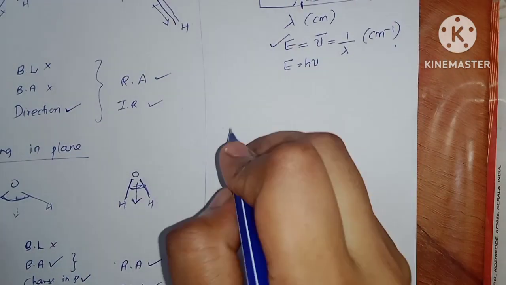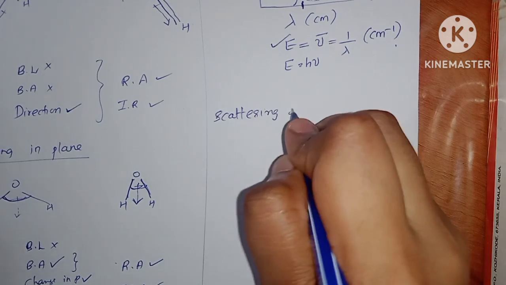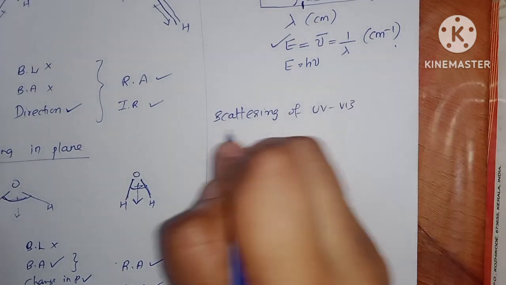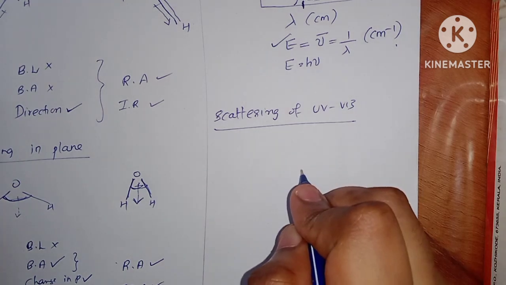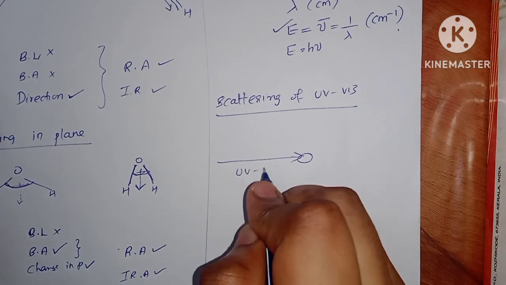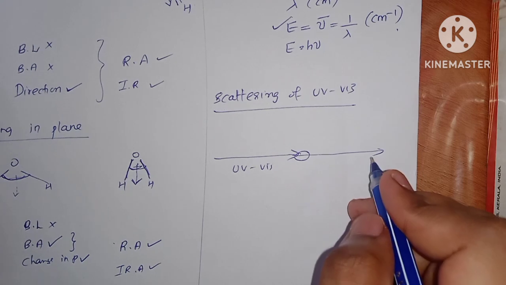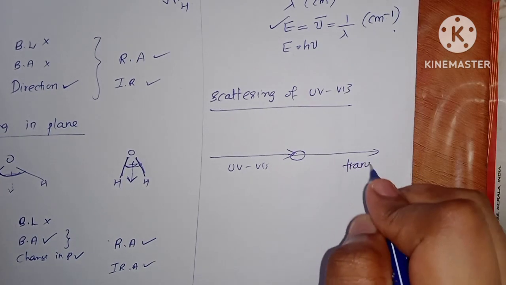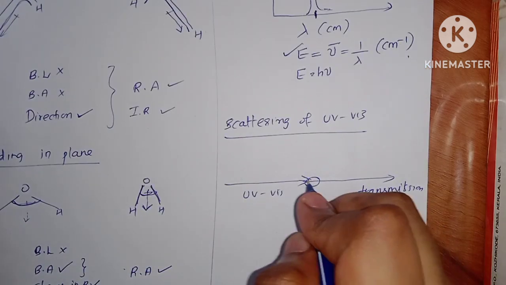So in Raman spectroscopy, we are mainly considering the scattering of UV visible radiation. Scattering means there is a change in the path of the light. If this is our molecule, which is Raman active, and we are hitting it with UV visible radiation, most of the radiation goes without any deviation, which is considered transmission, and some part of this radiation may get scattered.